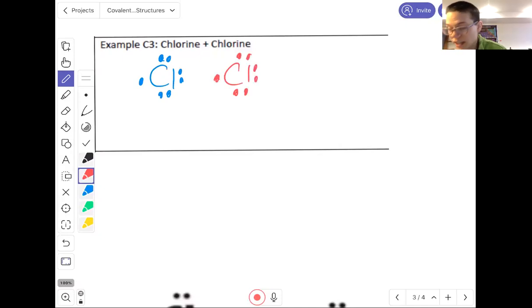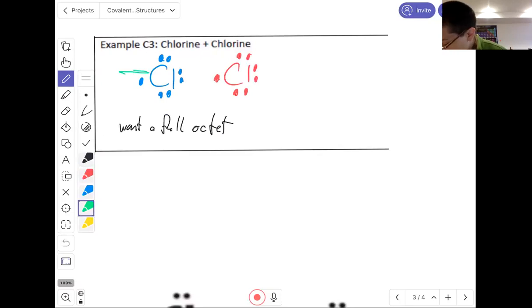But they each want how many? They want a total of 8. So they want a full octet. So they each have a space to make 1 bond, right? That's their available space.